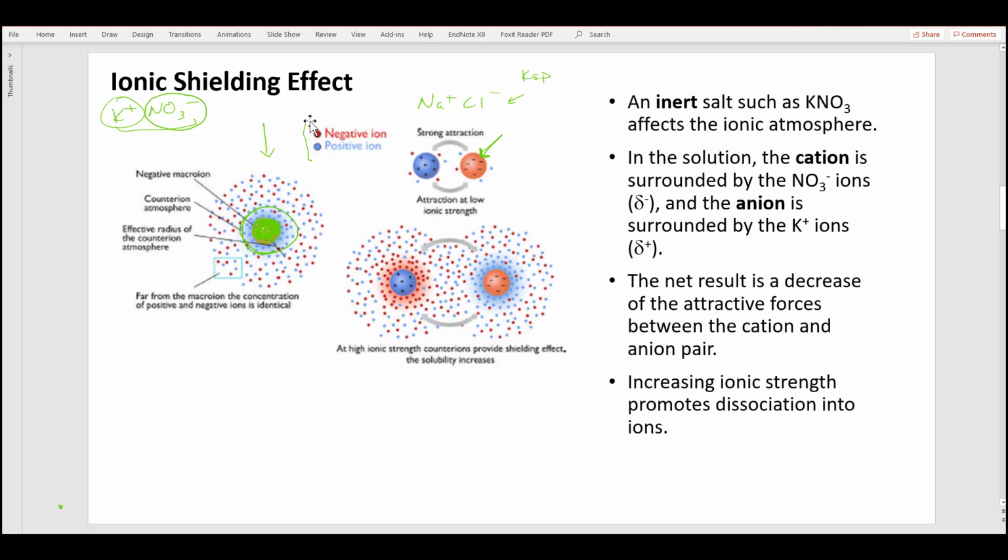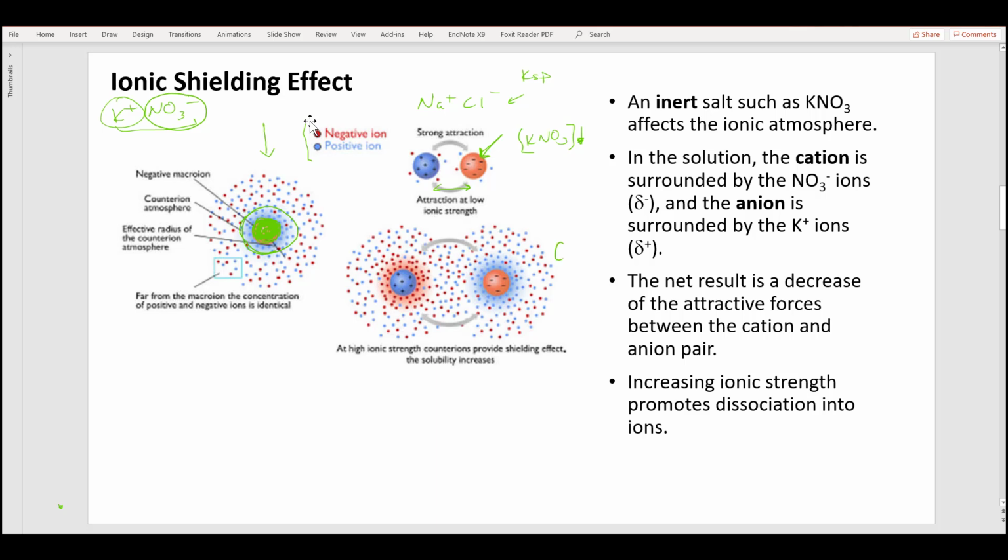So what are the impacts of this shielding event? Well, at low ionic strength, meaning low concentrations of other stuff in solution, say low concentrations of KNO3, if that concentration is low but still non-zero, you do get some of this shielding, but these things can still get fairly close to each other in solution.